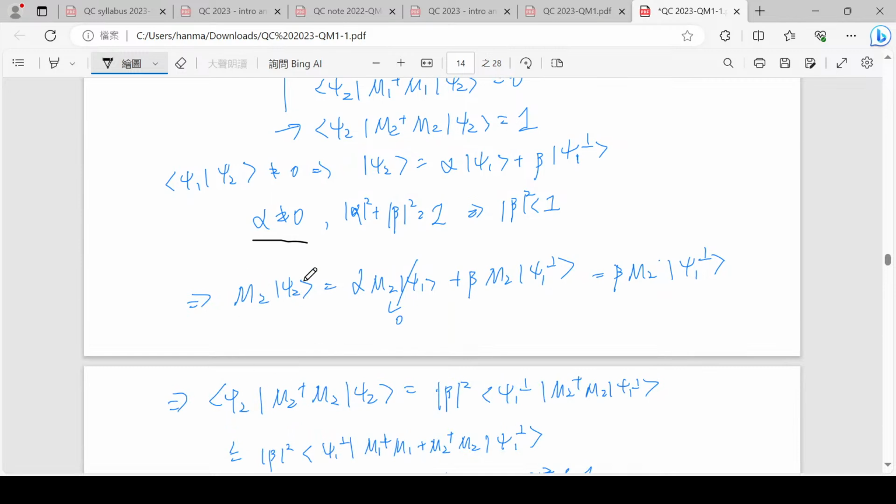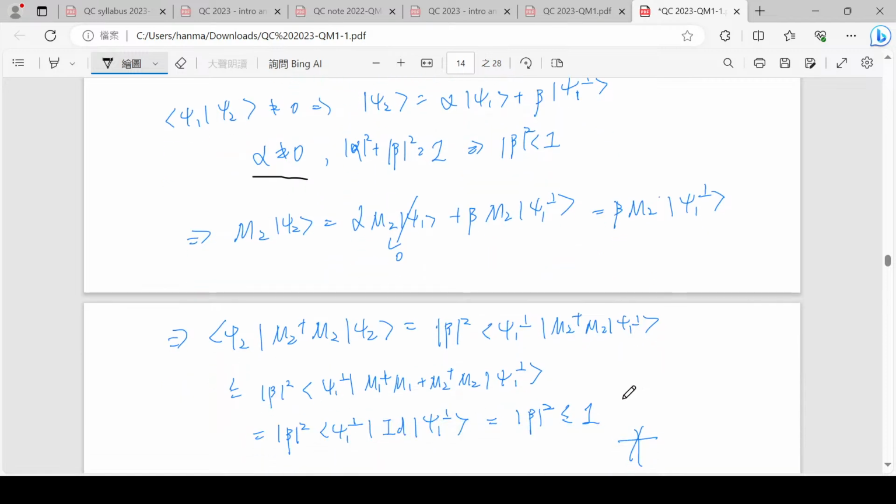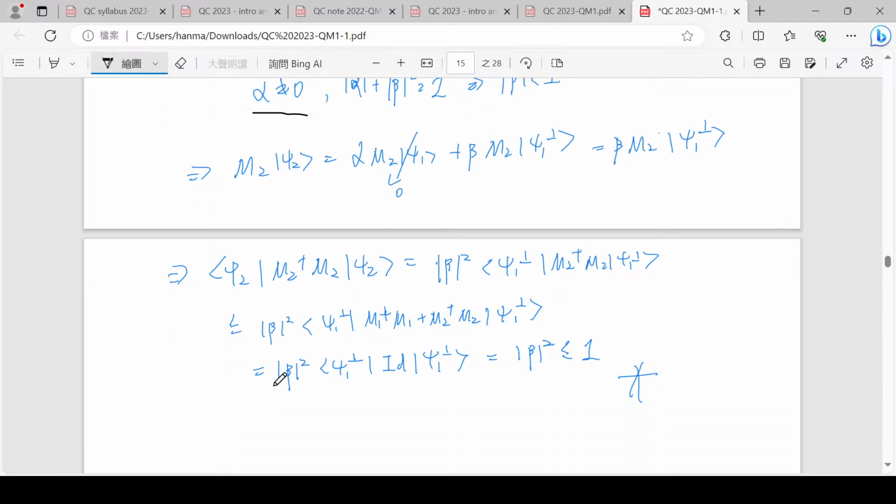Now we try to calculate the norm squared of this thing. So you take the inner product of it with itself. On the left hand side you have this, and on the right hand side you just have beta squared times psi 1 perp, M2 dagger M2, psi 1 perp. And this should be less than or equal to the same thing with an extra term added that's positive. We add this extra M1 dagger M1 term here.